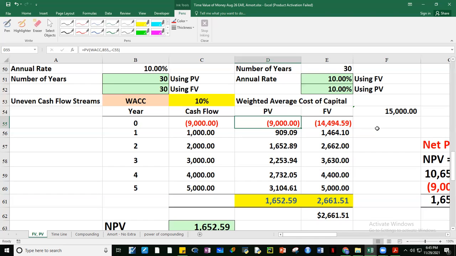Answer please via chat. Yes or no? Is the present value of 9,000 at time 0 equal to 9,000? What's the answer to that, guys? Kindly chat.